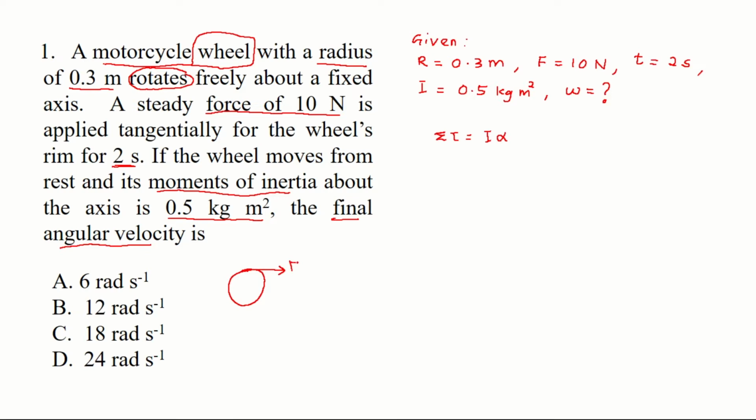In the diagram here, we have the wheel, a steady force F 10 Newton, and the acceleration at the center of the wheel. From the center to the net force is R, the radius, and the angle between R and F is 90 degrees, perpendicular.